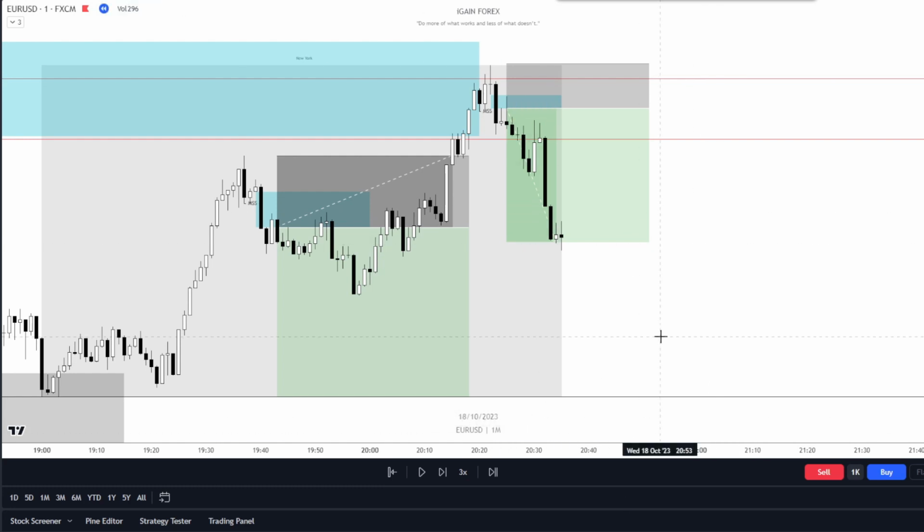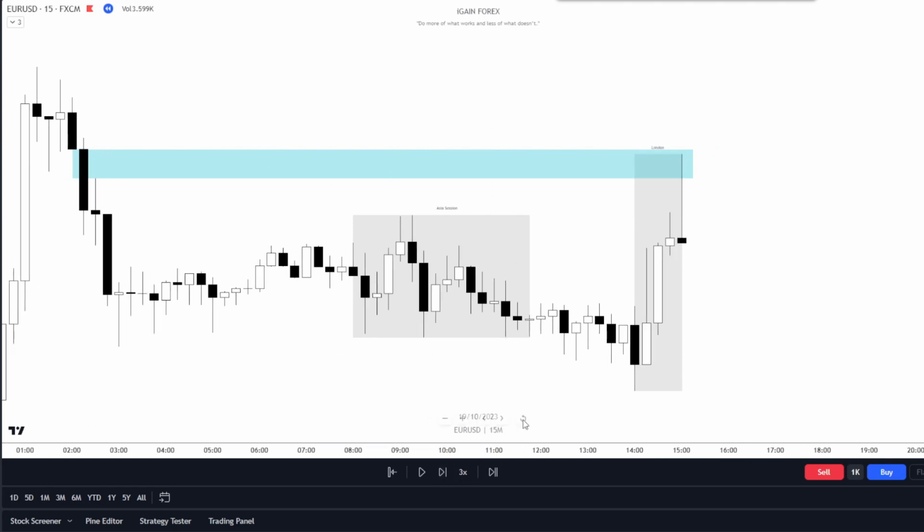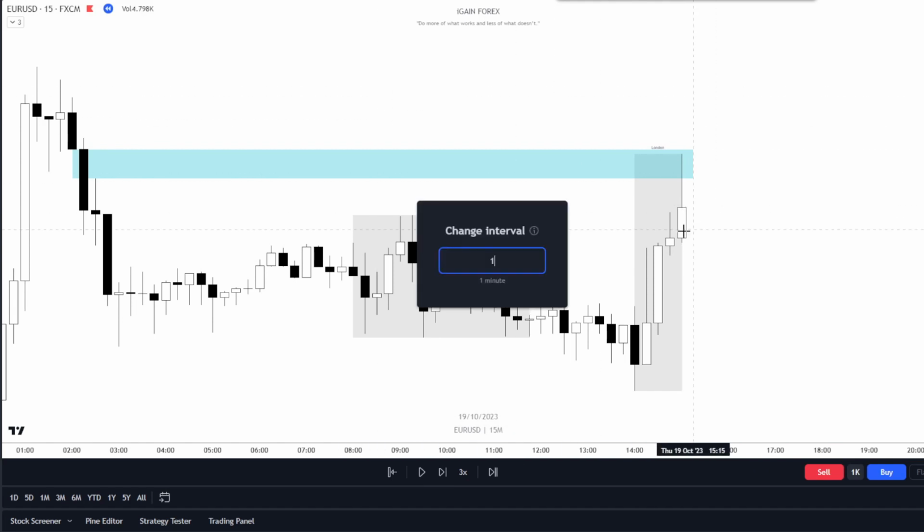As long as we have our risk management, there's no problem with that. So let's look at this example in Euro USD, 15-minute time frame. We have this 15-minute fair value gap. Okay, so the price reacted on this fair value gap. Let's go to the 1-minute time frame.